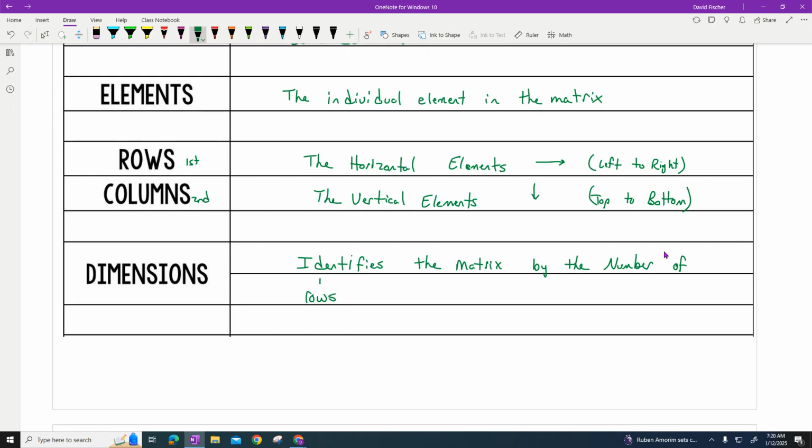I want to put that first again. Rows always get identified first, and the columns are always second when we identify it. So rows are left and right, columns are up and down. Very important. Okay? Let's go do our first matrix.